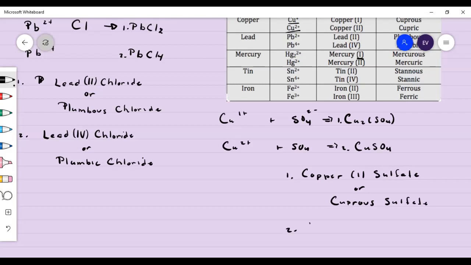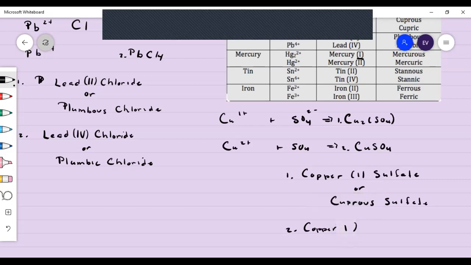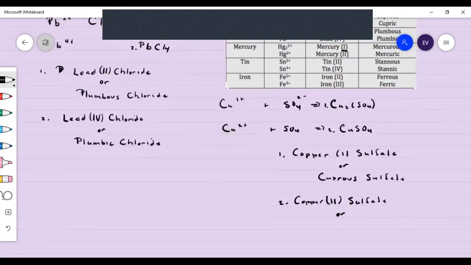And number 2 would be copper 2 sulfate. Or cupric sulfate. Okay. All right, guys.